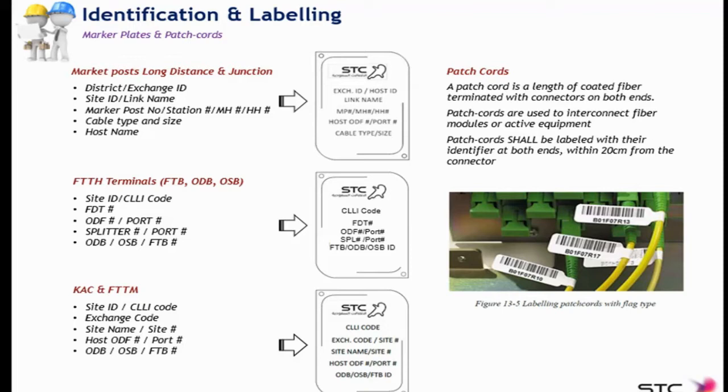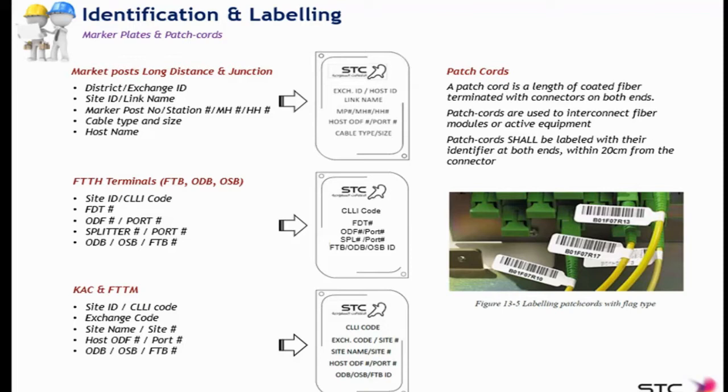Obviously there is no network element visible above the ground, so these marker plates, that are metallic ones as you know, are installed on marker posts. They show the information that you have on your screen: district exchange ID, site ID and link name, the marker post number, the station number, manhole or handhole close to it, cable type and size, and host name.